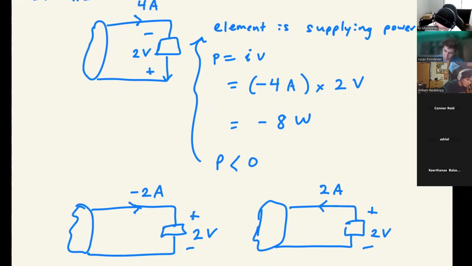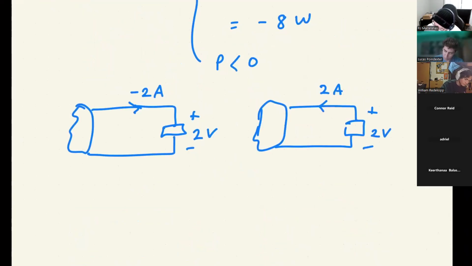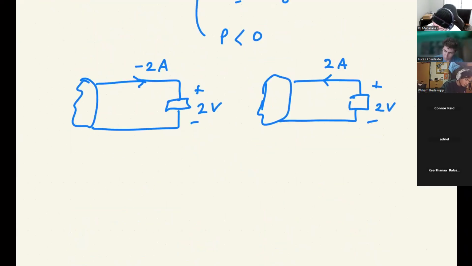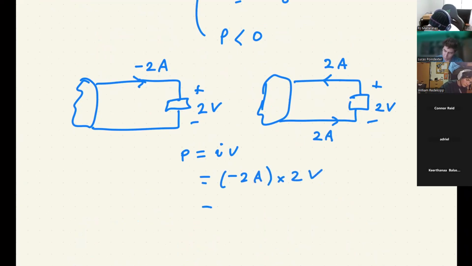So by the passive sign convention, I have P, which is I times V, which is -2 amps, because I'm entering the negative terminal, times my 2 volts, and that gives us -4 watts. So the element is supplying power again.